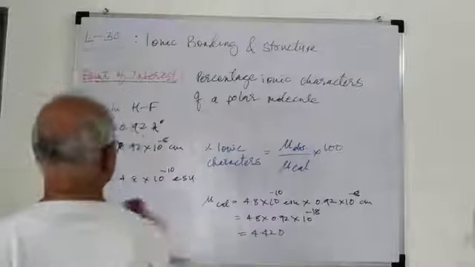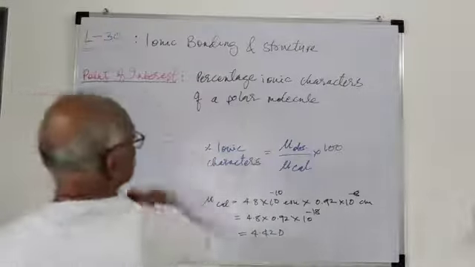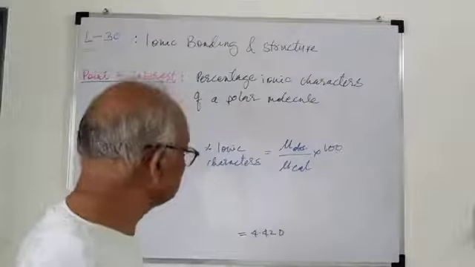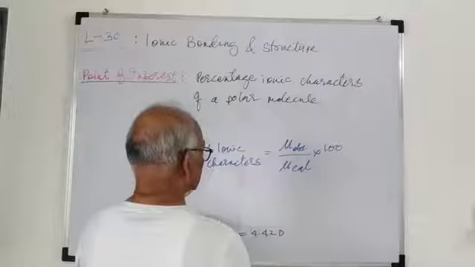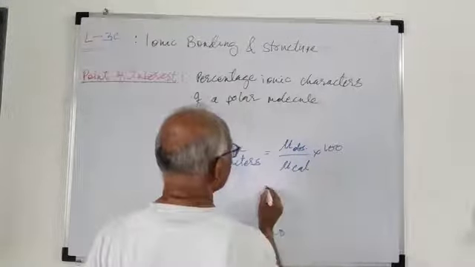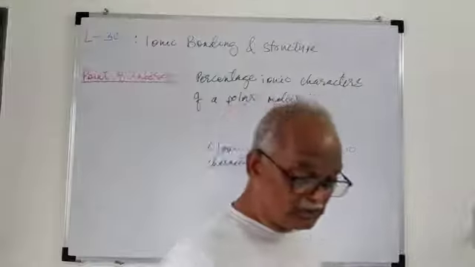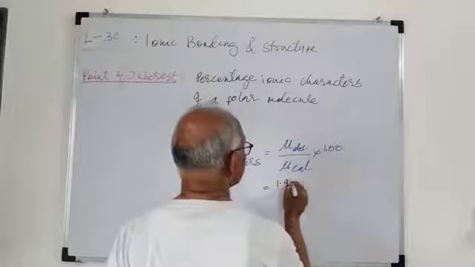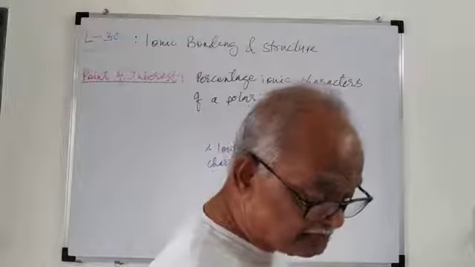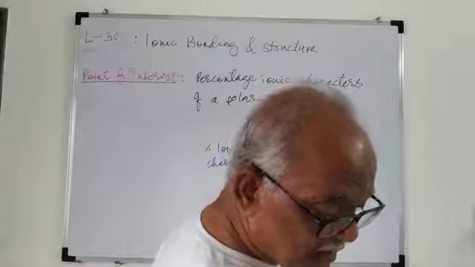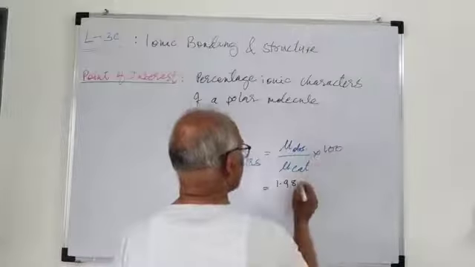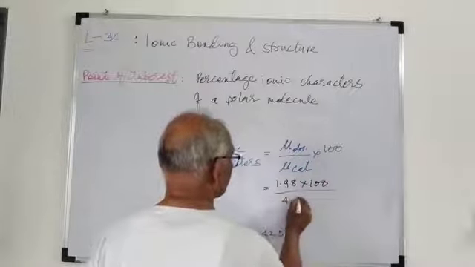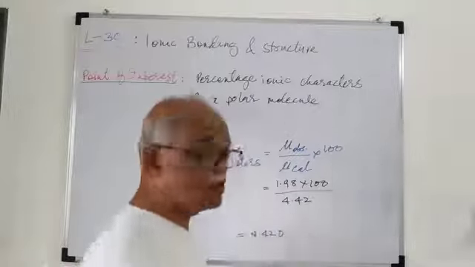From this we can find the percentage. What is mu observed? The mu observed is 1.98. So percent ionic characters equals 1.98 into 100 upon mu calculated, 4.42.